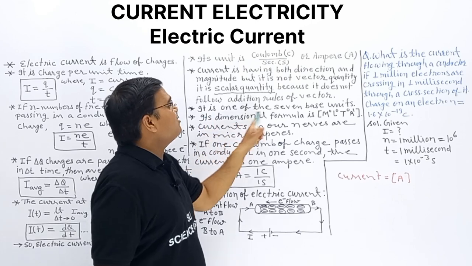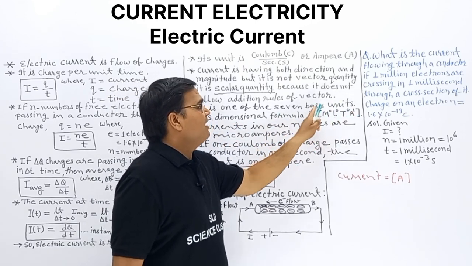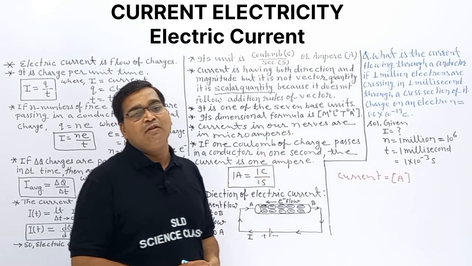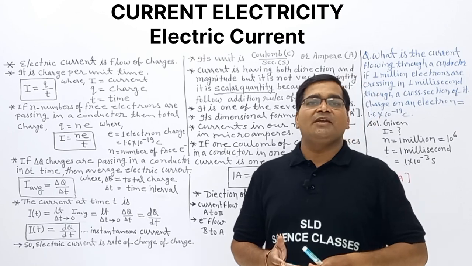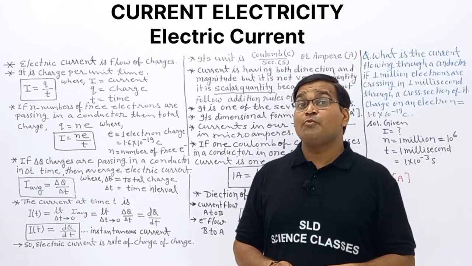So its dimensional formula is [M0 L0 T0 A1] in a square bracket. This is the dimensional formula. For competitions like NEET and JEE, these points are so important, so observe carefully.